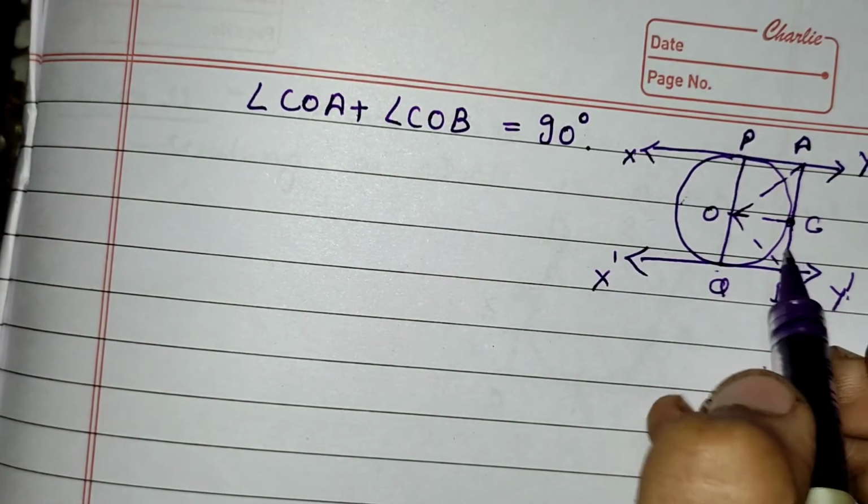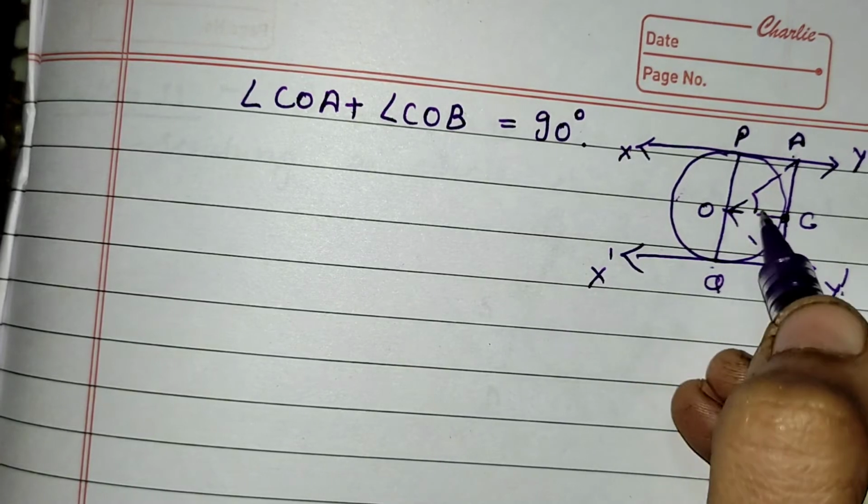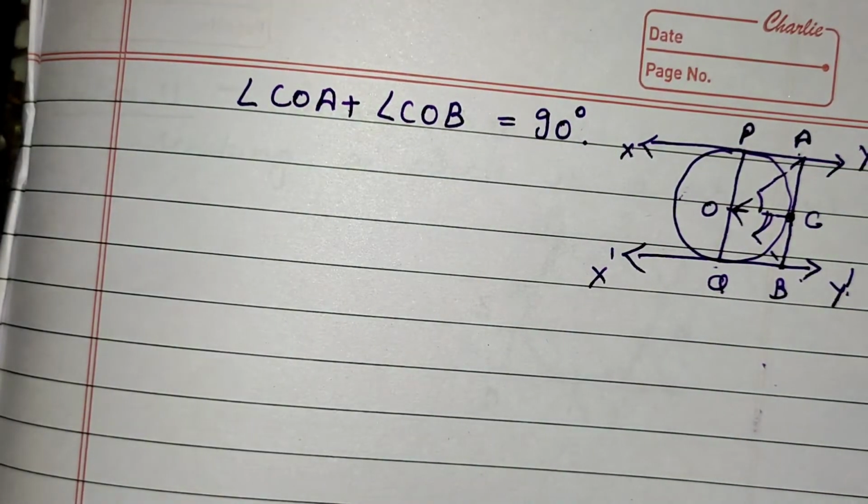Right, so what we have proved is that COA plus COB is equal to 90.